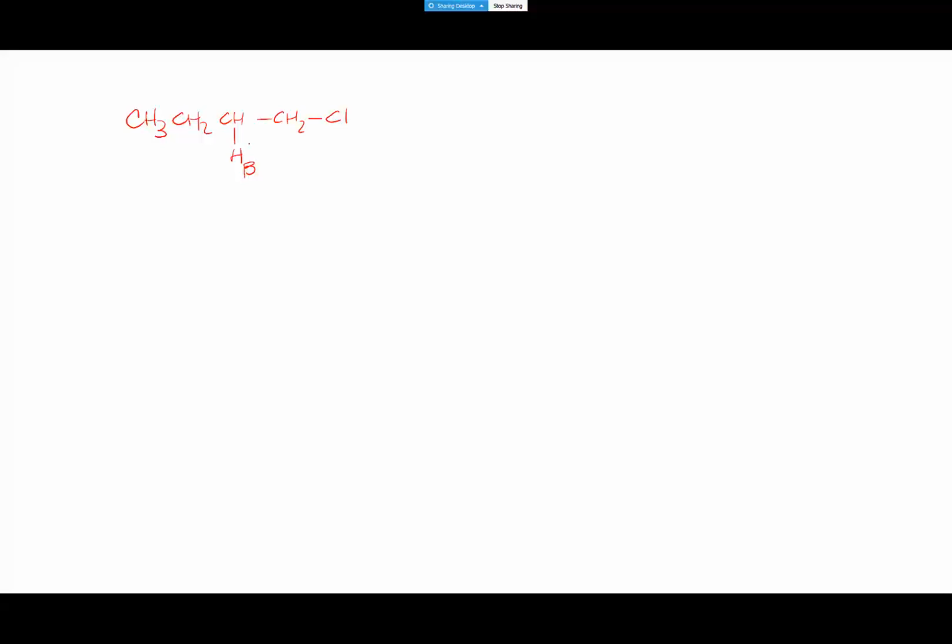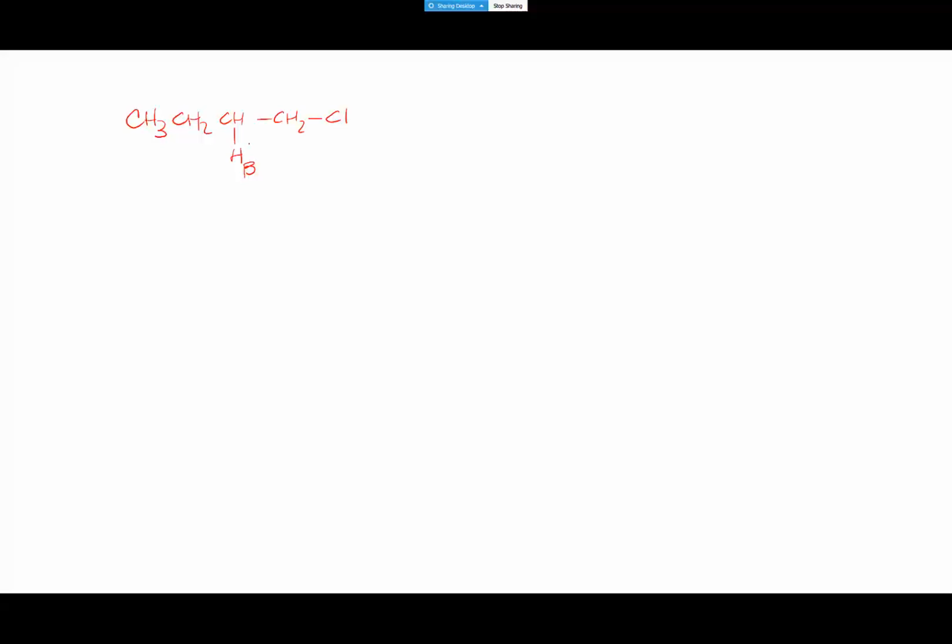I'm going to need something that's a strong... I want to remove this H as an H plus. So what would react with an H plus? Yeah, but now I want it. I don't want it to act as a nucleophile, because with nucleophiles we're thinking of attacking to add bonds. In this case, I want to just rip the hydrogen off.